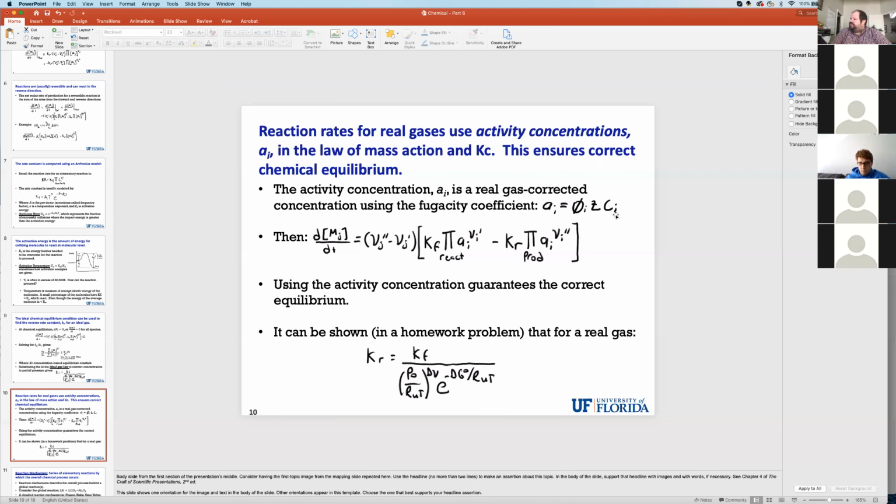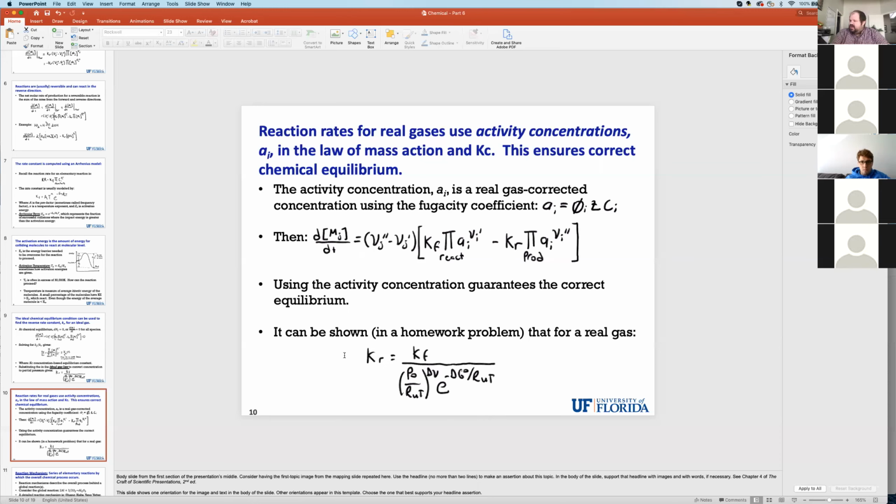So basically, if you have a chemical reaction model that is written for an ideal gas and you want to correct it to include real gas effects, all you do is wherever you see a concentration, you replace that concentration with the so-called activity concentration. And then you'll be guaranteed, if you do that, to get the correct chemical equilibrium.